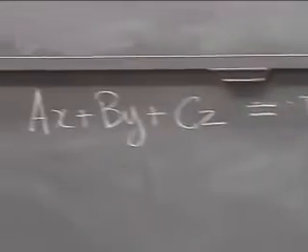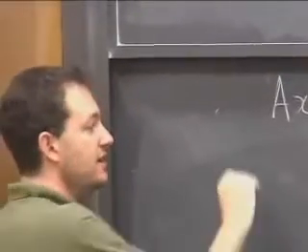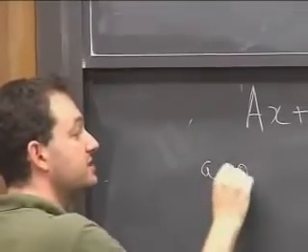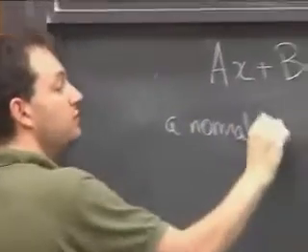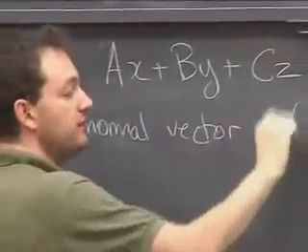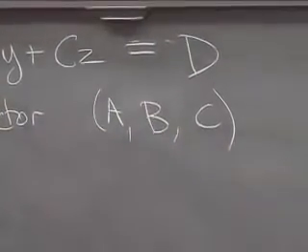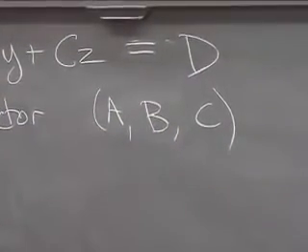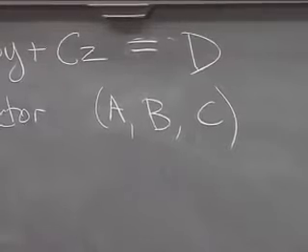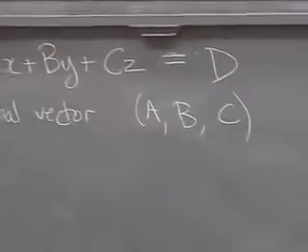Given this equation, a normal vector, not necessarily a unit normal, is immediately readable off as A, B, C. Those coefficients form a normal to the plane, not along the plane at all. It's perpendicular to the plane in 3 dimensions.